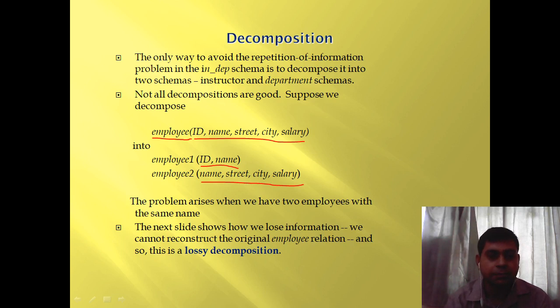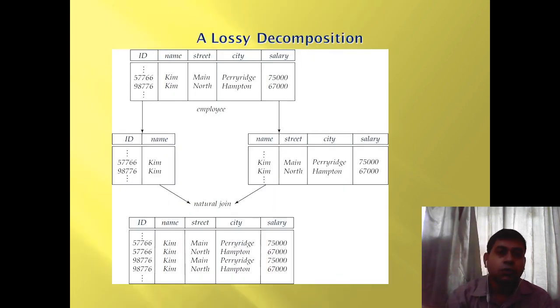So name is the employee name. But here, after decomposition, we see that both of these employee tables contain the name field, and there is a chance that it can have duplicate values. So with the same name there could be two persons.